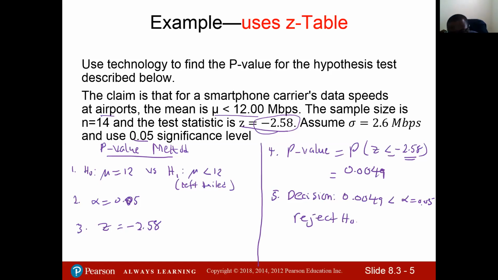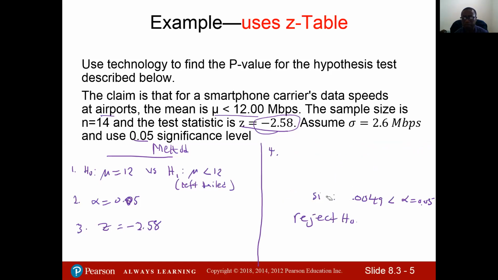Now I can repeat this solution using the critical value. Remember, the first three steps are the same. So I'm just going to erase this part and calculate the critical value, and then compare and see if we arrive at the same conclusion.